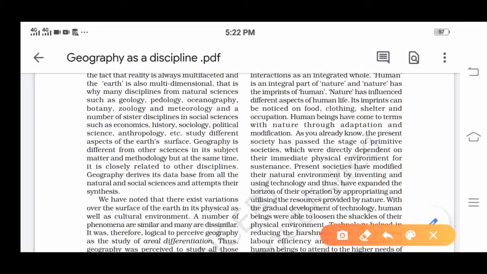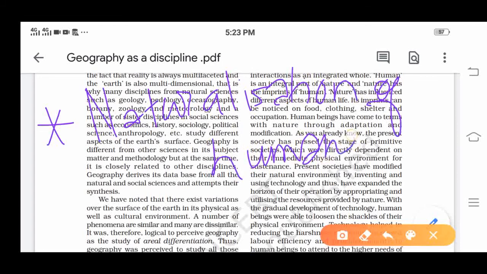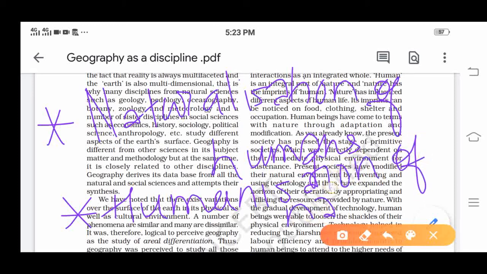So the two concepts in which the man environment relationship has changed are, number one, naturalization of humans, and number two, humanization of nature. Remember, naturalization of humans or naturalized humans. Number two, humanization of nature or humanized nature.